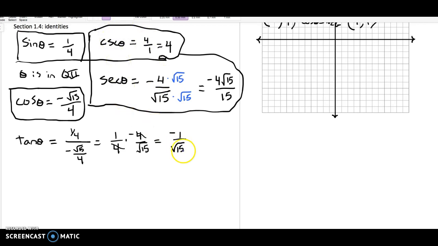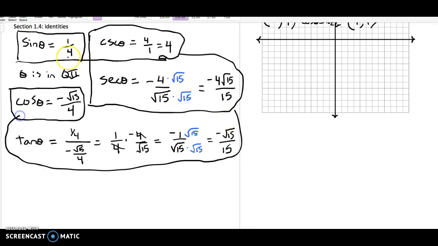Okay, guys, always remember that you have to rationalize denominators. So here I go, rationalizing my denominator. And in doing that, do you see what you would get? Negative square root of 15 over 15 is the answer. All right. I have 1, 2, 3, 4, 5 answers. I have one more to go, and that would be cotangent.